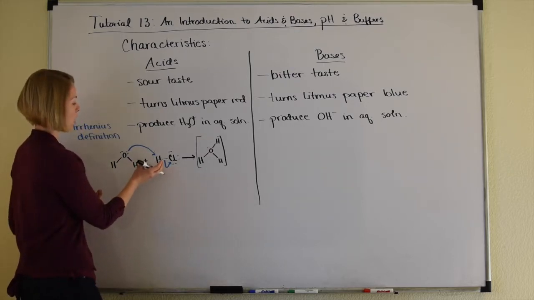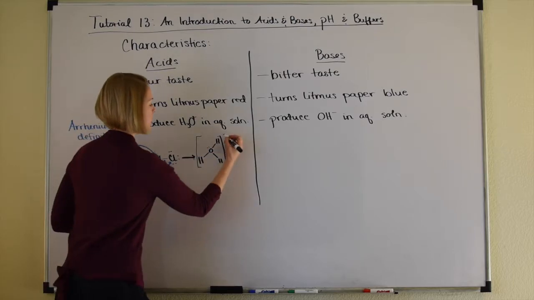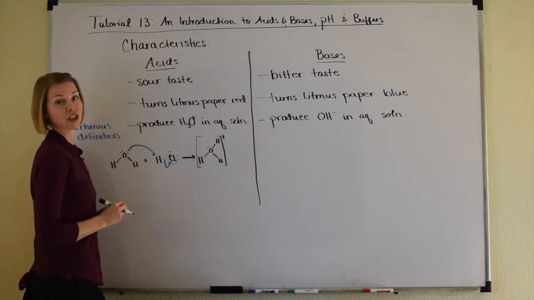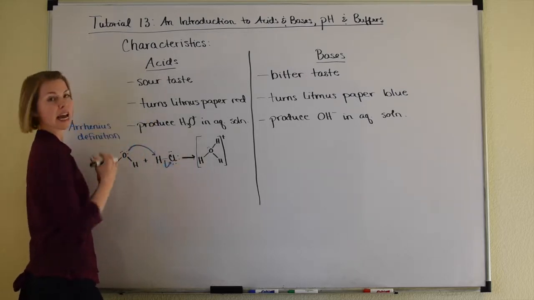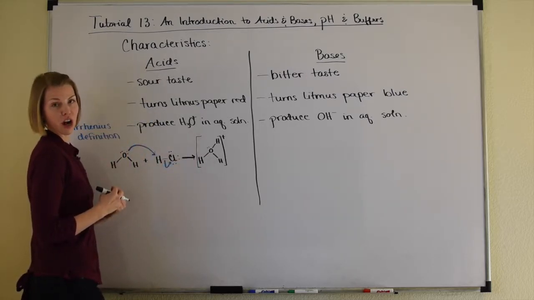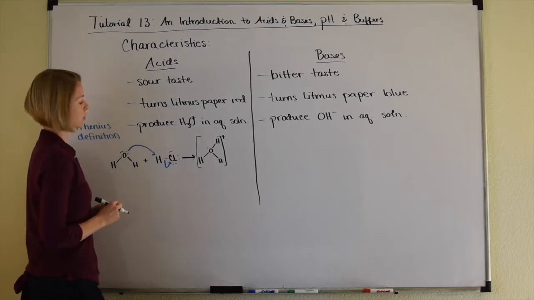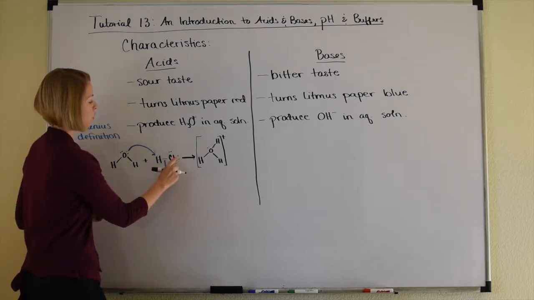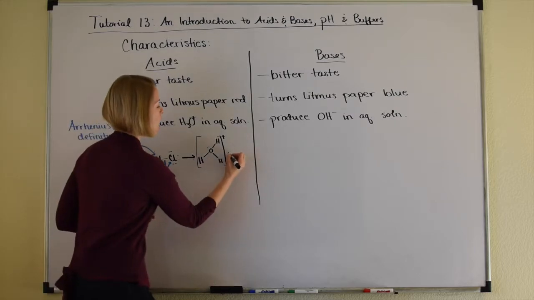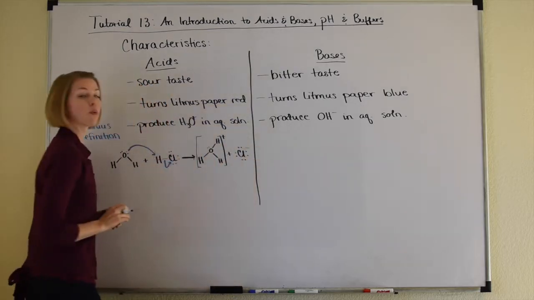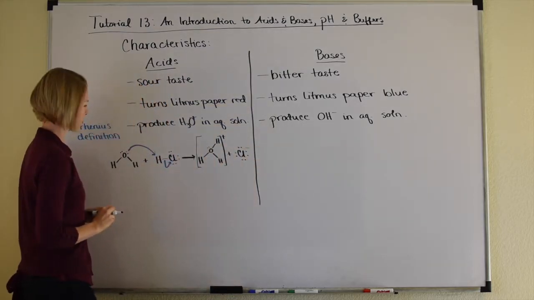And that explains why our hydronium ion has a 1+ charge, because the hydrogen came as just a proton. There's no electron to balance out the 1+ charge. The chlorine now has 2, 4, 6, 8 electrons all to itself, and therefore a 1- charge.